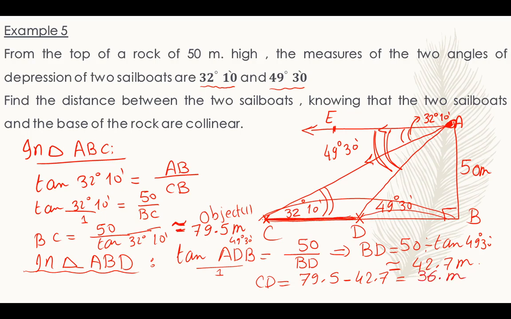Again, by using your calculator, 79.5 minus 42.7 equals 36.8 meters.